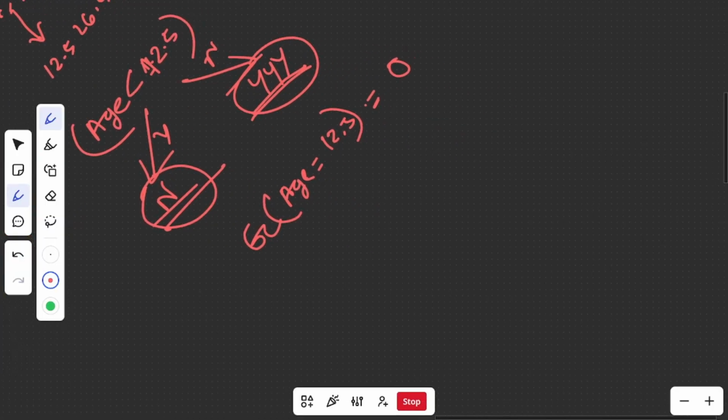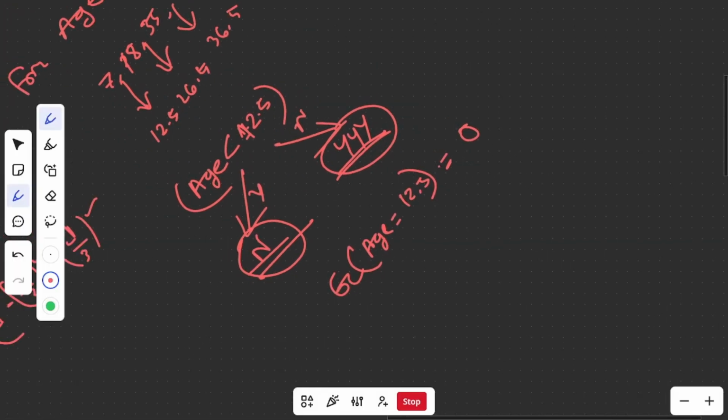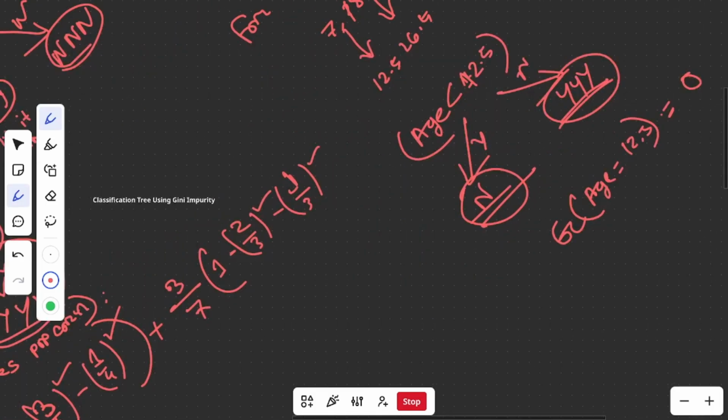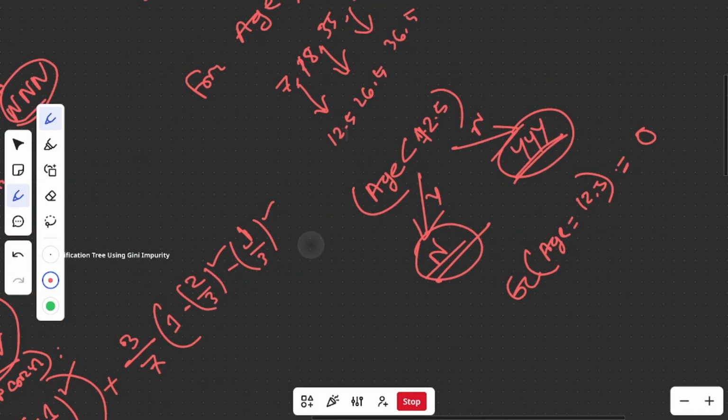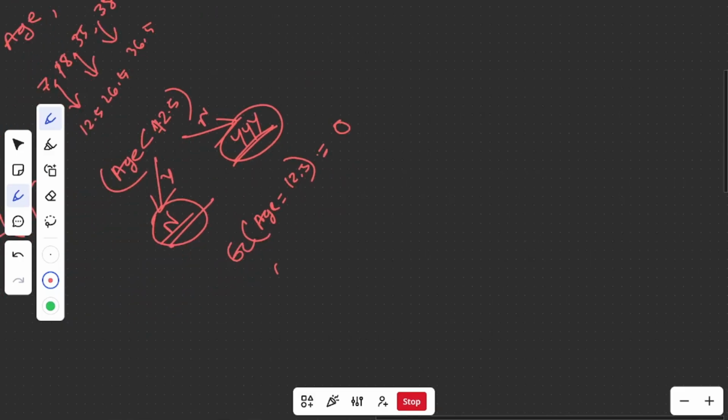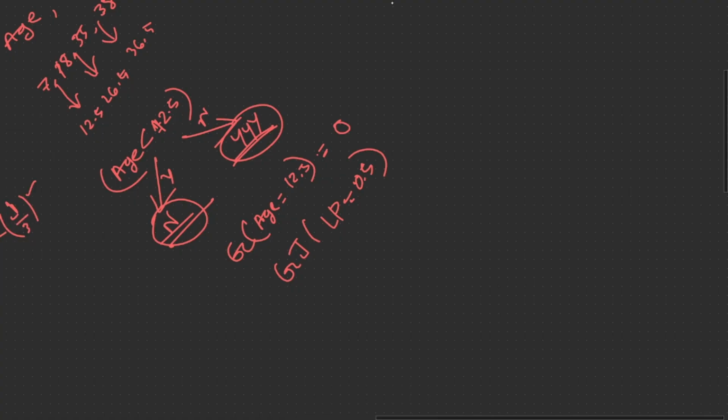So let's update this. You see that the Gini impurity of loves popcorn is 0.5.